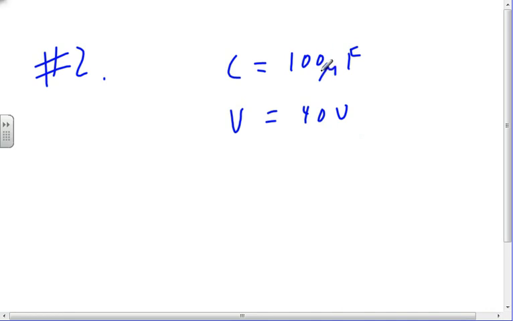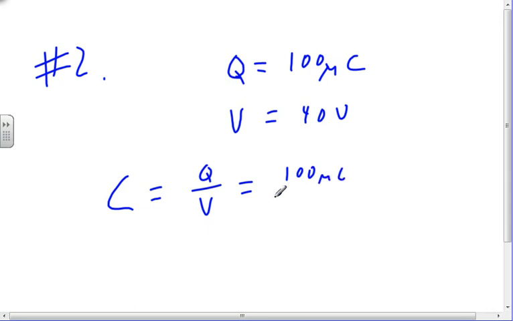Okay. Read the problem. So my charge is 100 microcoulombs, my voltage is 40 volts, and capacitance is charge divided by voltage. So 100 microcoulombs divided by 40 volts should be 25 microfarads.